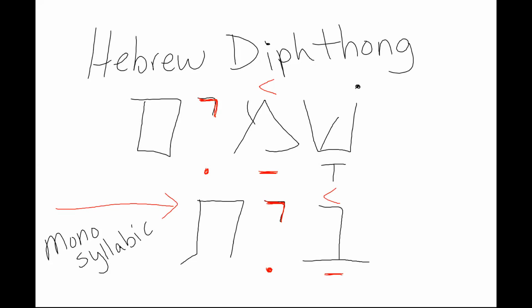So the accent mark, the arrow going to the left on top of the bet, and then you have the patach under the bet, then you have your yod, then you have your hireq. That acts as one pronunciation, right? It's a closed syllable. So bayit is monosyllabic, one syllable. It's considered one syllable, right? All right. So I want to show you something from Hebrew for Christians. I like this.